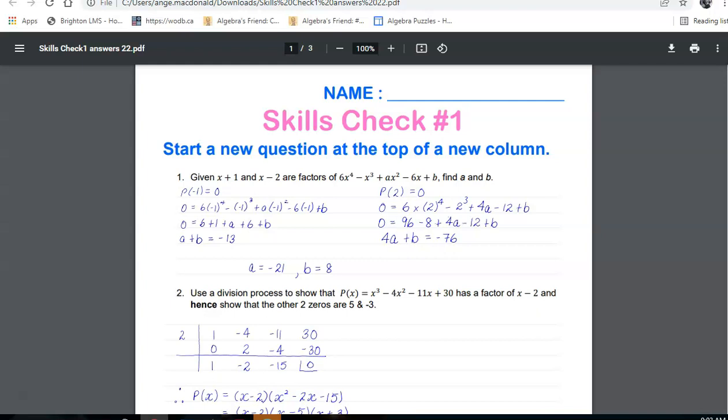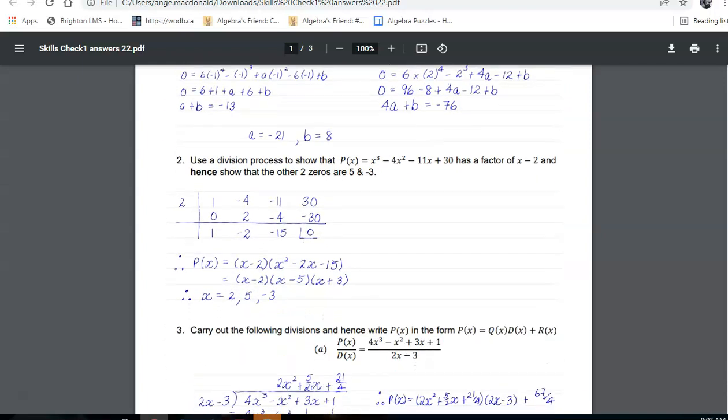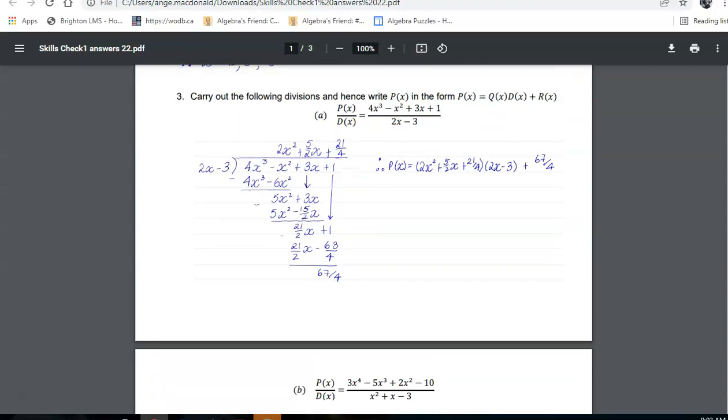When I'm dividing by a quadratic, and when I'm dividing by something like 2x take 1, as an example for 3 part A, I'd like you to check.